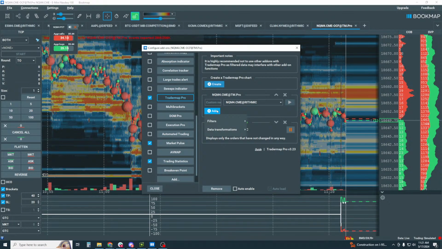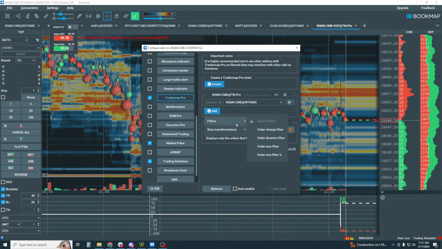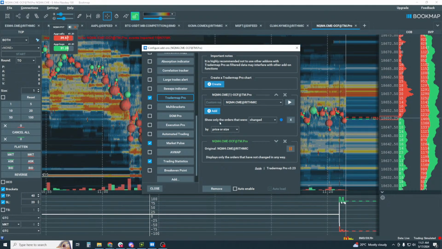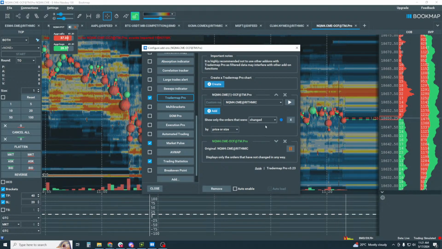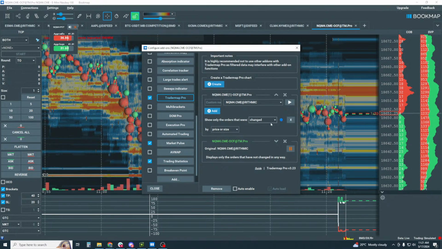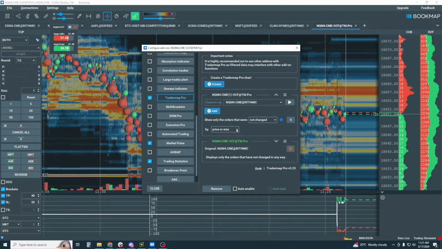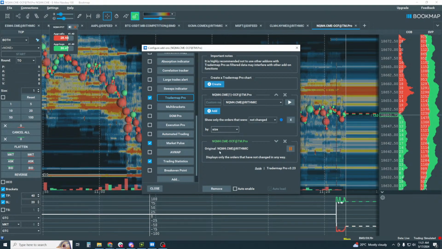Click on Add, and then from filters here, order change filter. Okay, that opens up the drop downs for show only the orders that were changed or not changed, and we're going to select not changed if I can. There we go. And then by price or size, or let's do it by size as well and see if we get a difference here in the heat map.